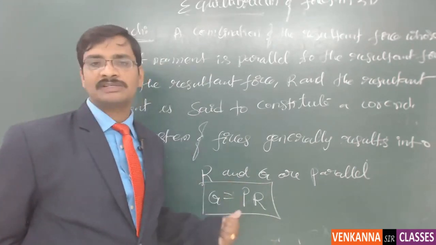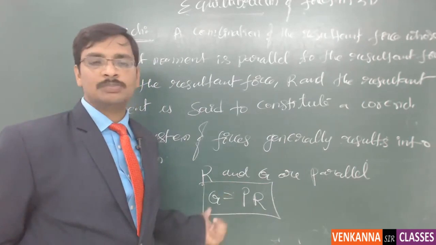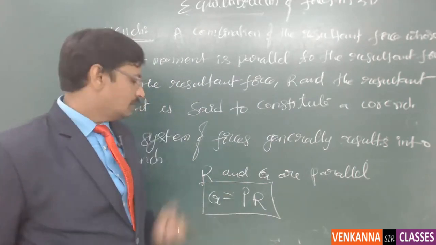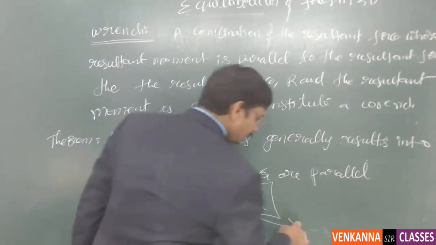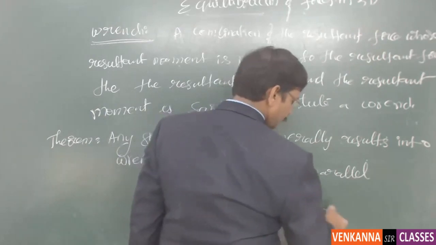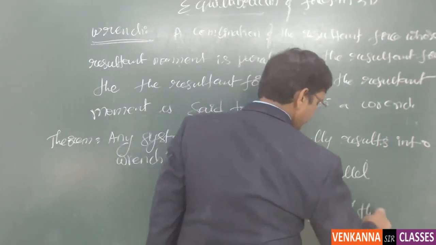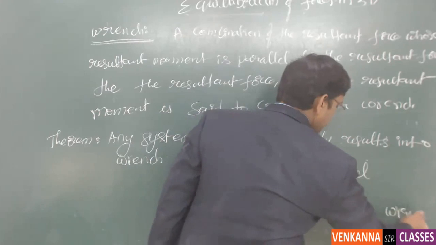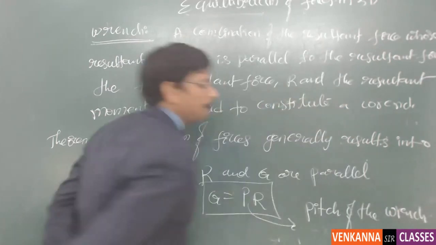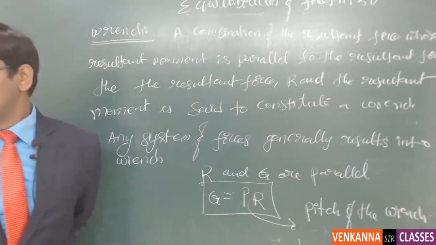Each vector can be expressed as a scalar multiple of the other vector. This value P is called the pitch of the wrench.